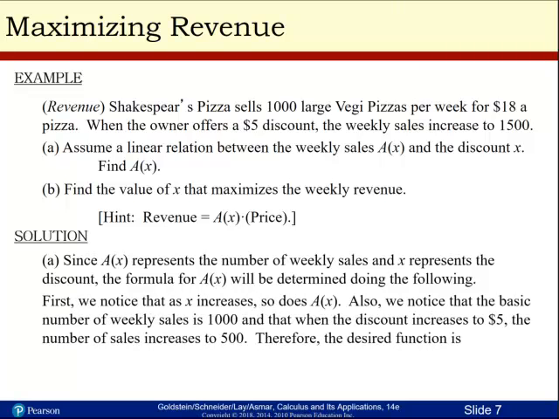First, we notice that as X increases, so does A of X. Also, we notice that the basic number of weekly sales is 1,000, and that when the discount increases to $5, the number of sales increases by 500. Therefore, the desired function is A of X equals 1,000 plus 100 times X. So remember that the discount is X and A of X is our weekly sales amount.